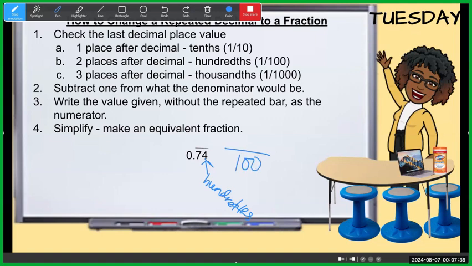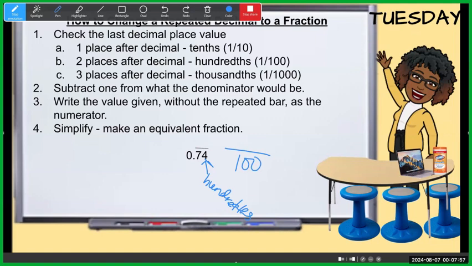What did the second step tell us? Well, that was to help y'all remember what place is what. Skip down to number 2. Subtract 1 from the denominator. All right, so notice the difference. It stopped at the hundreds place. Go ahead and put that as your denominator. And then it told us to subtract 1.